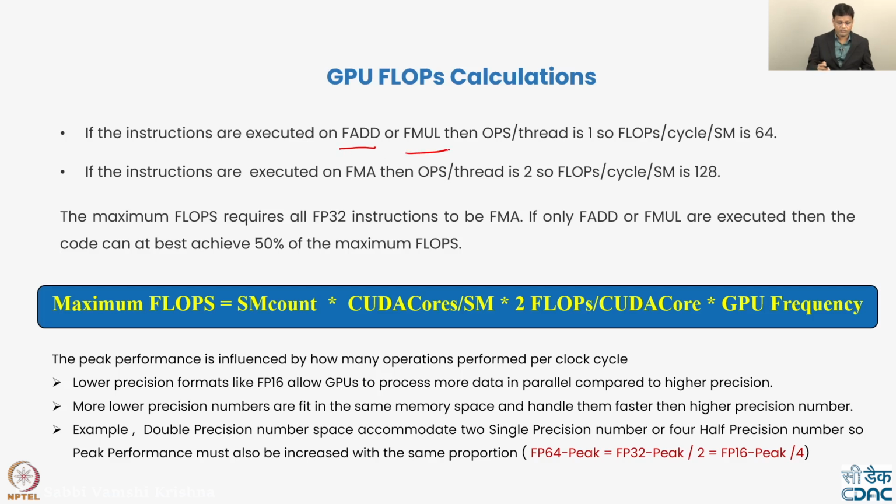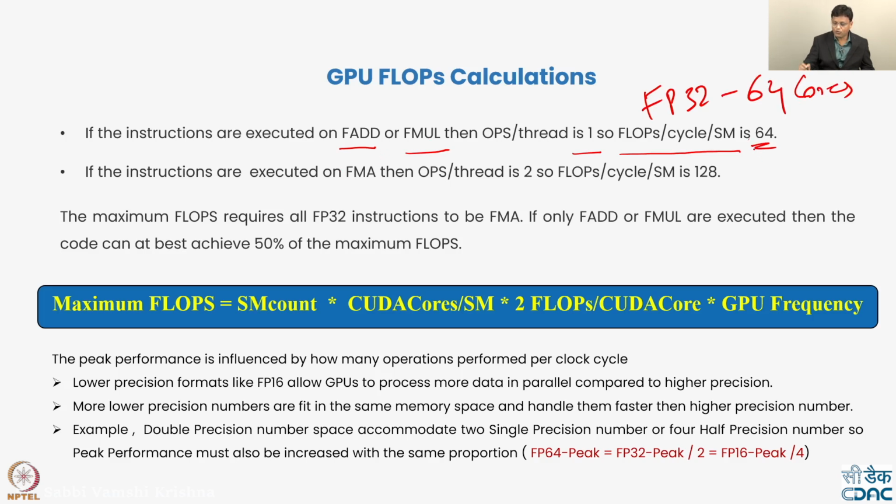If your operations are executing either one of them, then it is performing only one operation per thread, or you can say one flop per cycle per SM. So in case I am considering FP32, it has 64 cores, that count is 64, and I am using only either the FAD or FML unit.